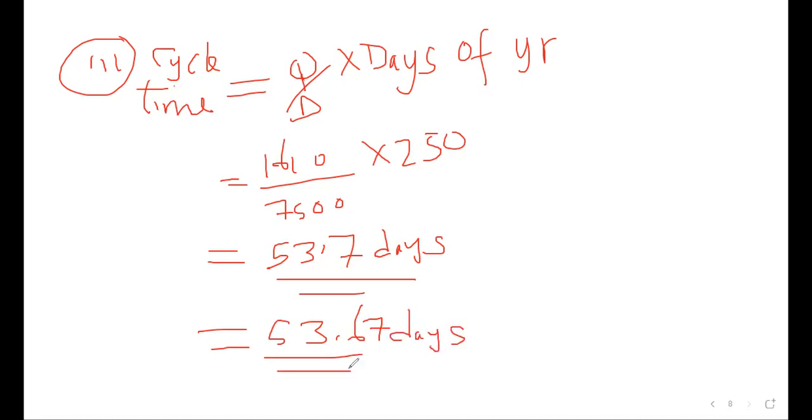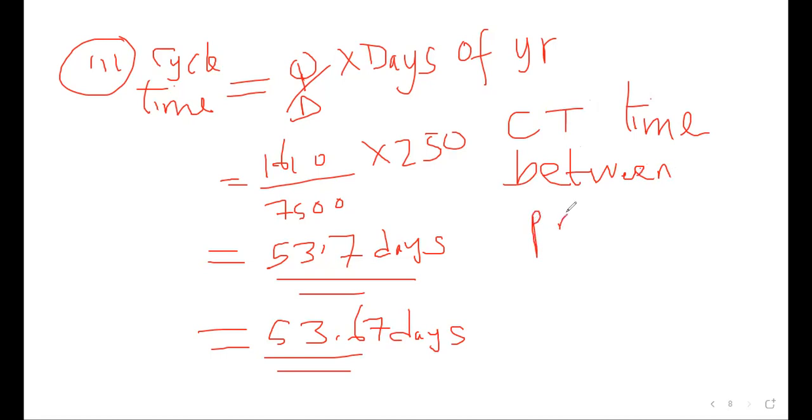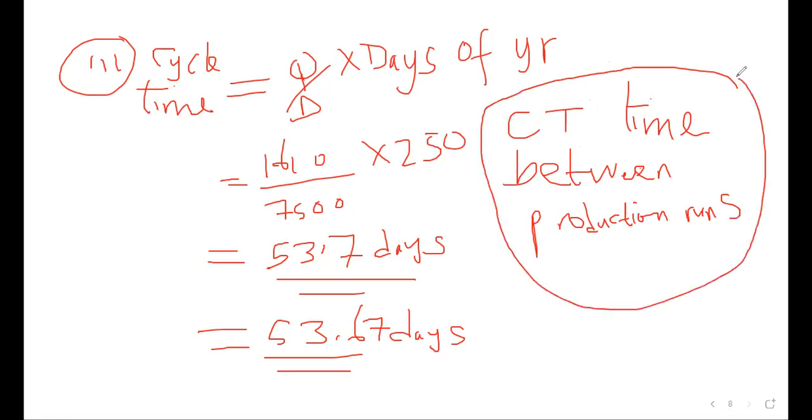So this is only our cycle time. CT simply means time between production runs. Okay, that is it. Cycle time. So we are getting down to this one.